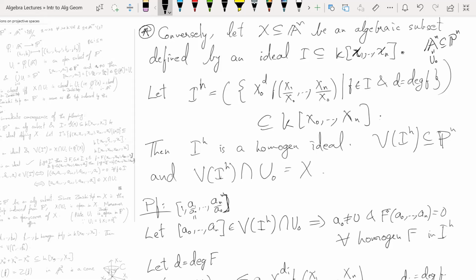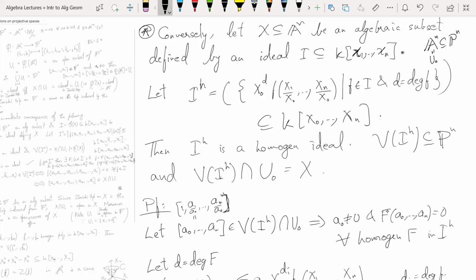So assume k is an infinite field. Then you multiply each of these xi's by lambda, and you get lambda^d times something. So this is a homogeneous polynomial, and you consider the ideal generated by such homogeneous polynomials.